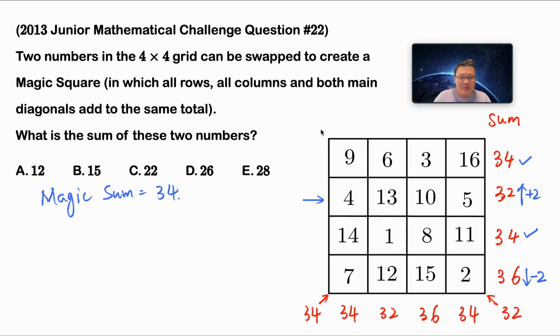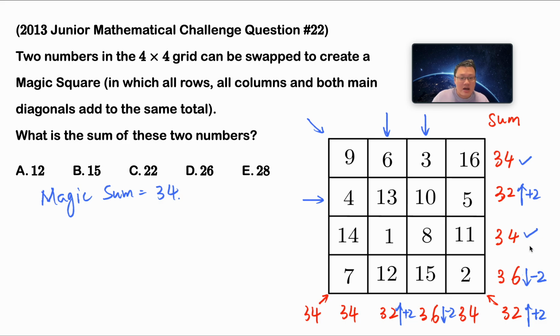It's also the same for the number in this diagonal, which is 32 now: you have to make it larger by 2. And as for the number in this column, you have to make it smaller by 2, minus 2. And also for the number in this column, you have to make it larger by 2.